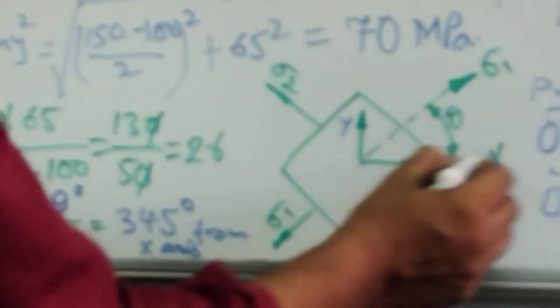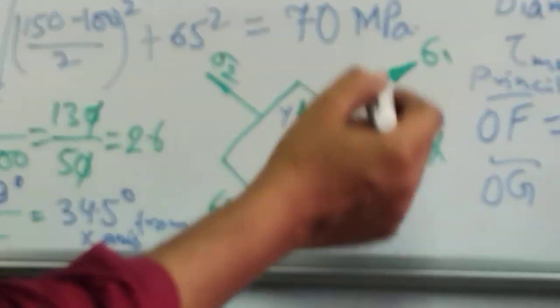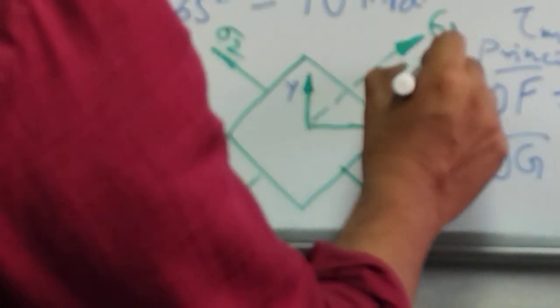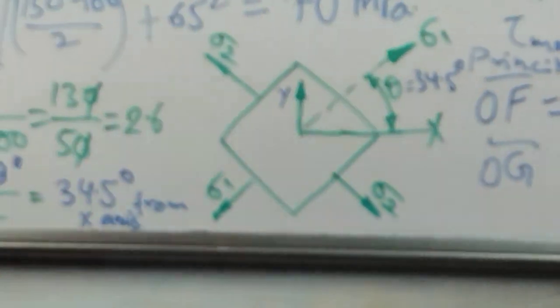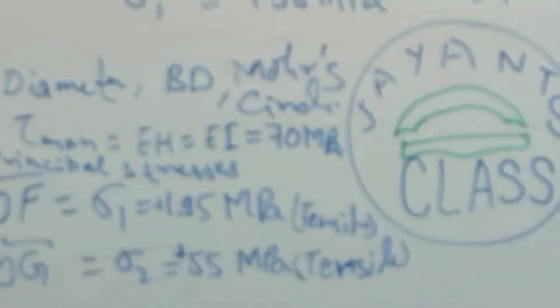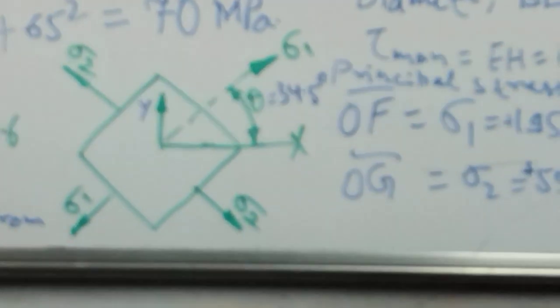This is the x axis, this is the y axis. The principal stress sigma 1 is inclined from the x axis at 34.5 degrees. Thank you.